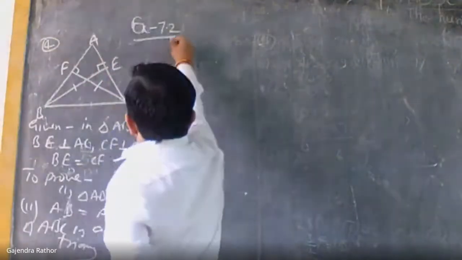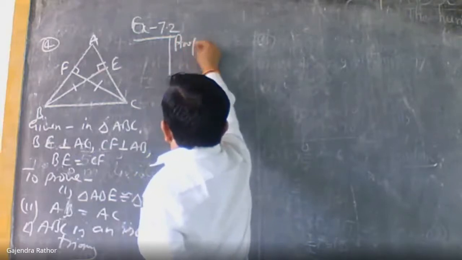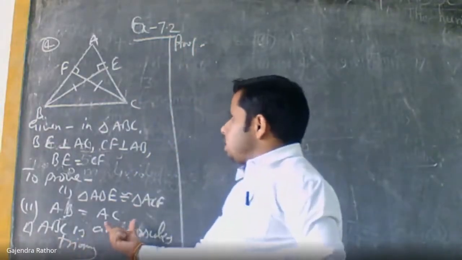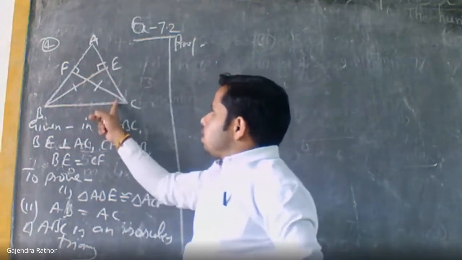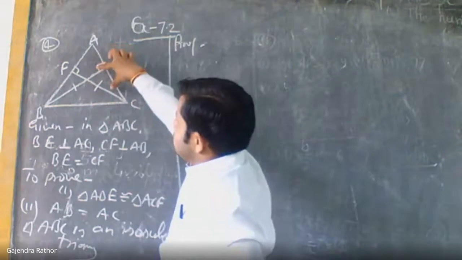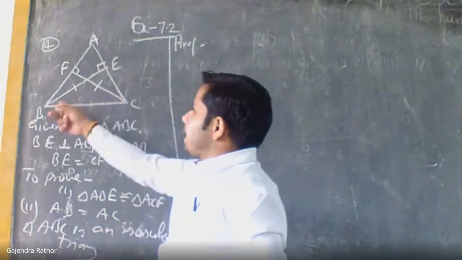So let's start. Now prove AB is equal to AC. We can prove it only one way, if we can prove triangle ABE is congruent to triangle ACF.